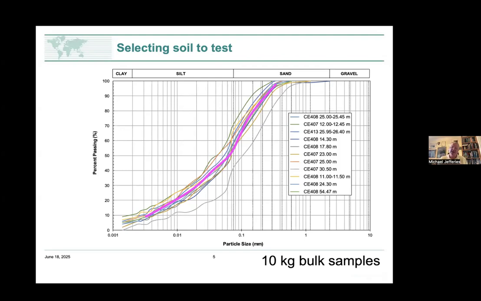But then you say, well, what happens if it's a little bit coarser or conversely a little bit finer? So you might wind up with 2 or 3 stockpiles. You don't have to test each of the stockpiles as thoroughly. What we did at Cadia, we put a lot of effort into the average grading, which is the pink one, and then rather less effort into what we call the step-out gradations.